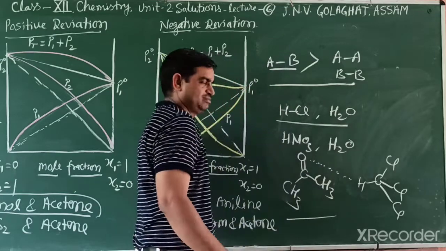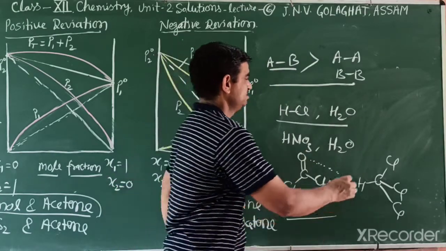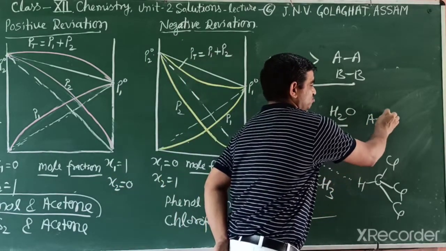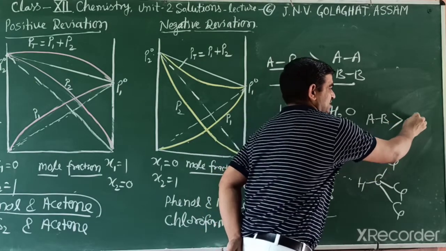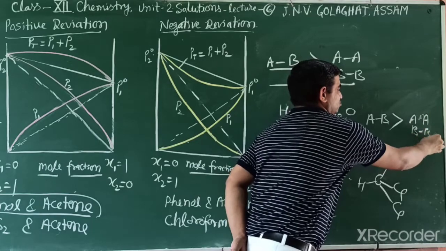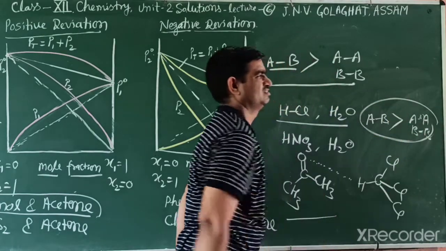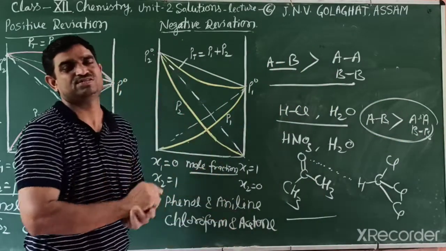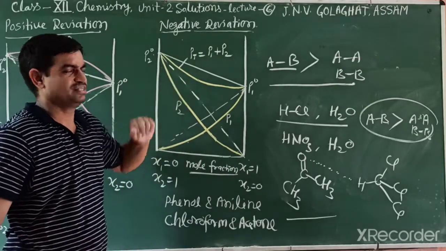Due to this, that bond is slightly weaker, but this is a new force. The new force is stronger than the individual forces, AA and BB. So that is negative deviation. Molecules do not evaporate. So these are examples.